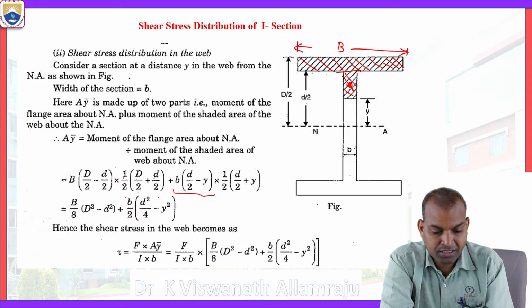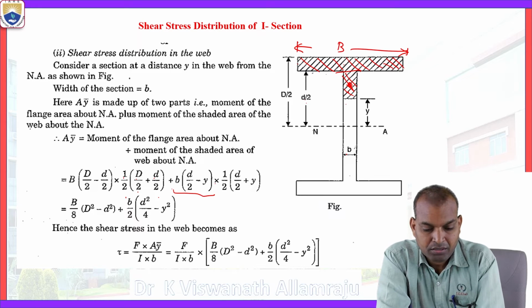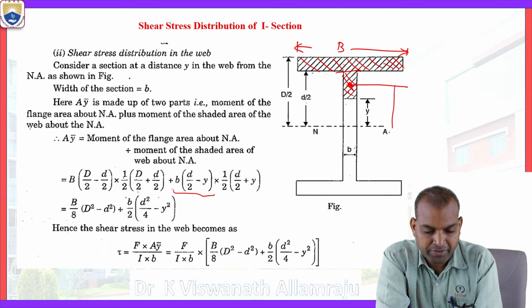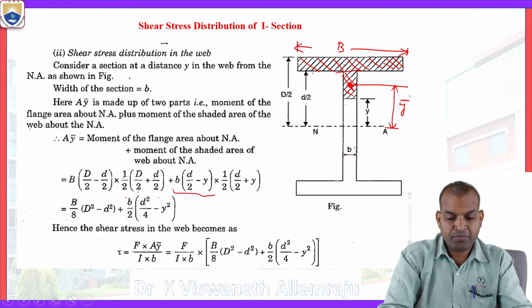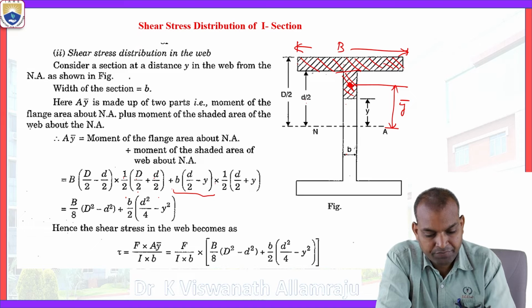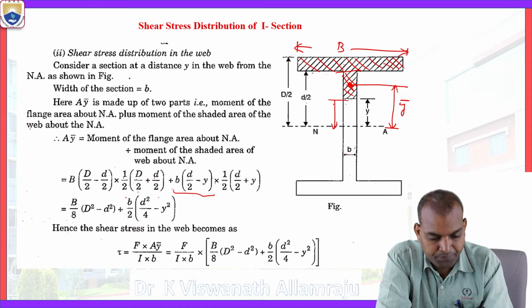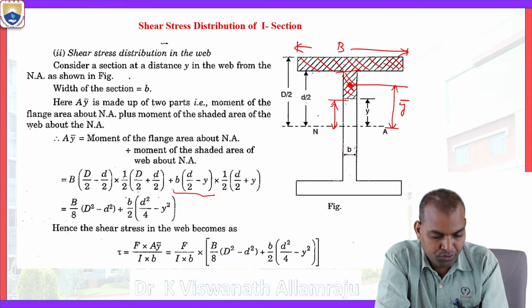What is the y bar? This is the portion we want. The y bar means the distance from here to here, that is d by 2 minus y.